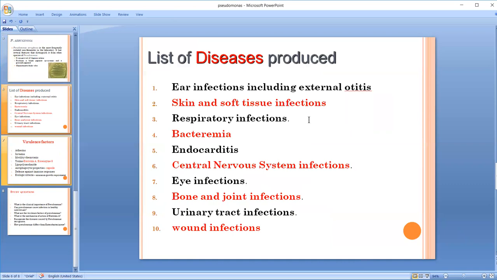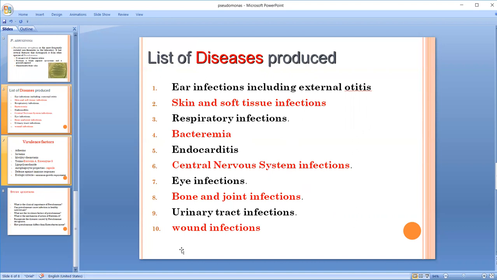List of the diseases produced by Pseudomonas aeruginosa. Any tissue of the body can be infected by Pseudomonas aeruginosa if the host is immunocompromised, either locally or systemically. So, as I have said before, it can cause infection in the burn patient, in the catheterized patient, and in the patient on a ventilator.